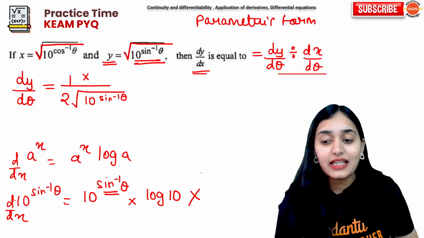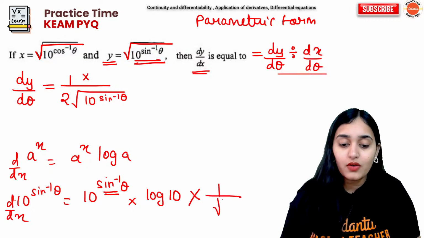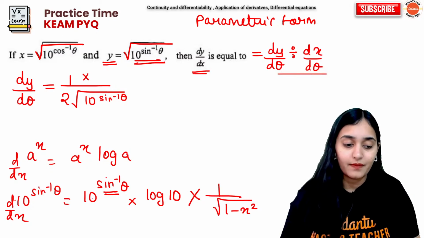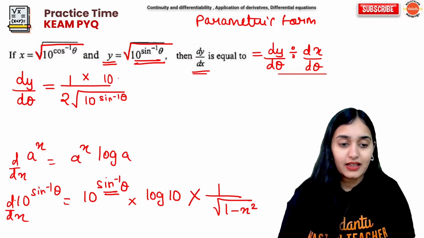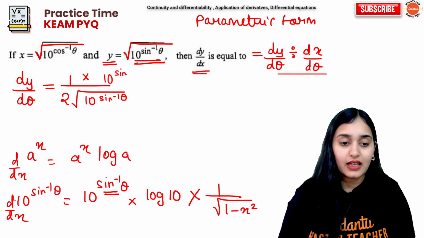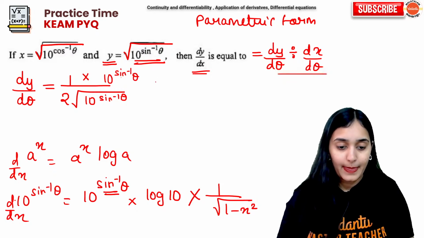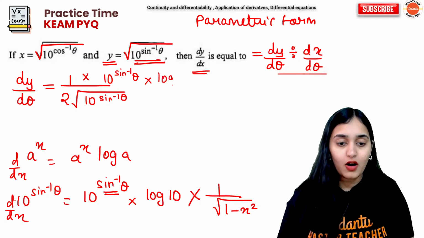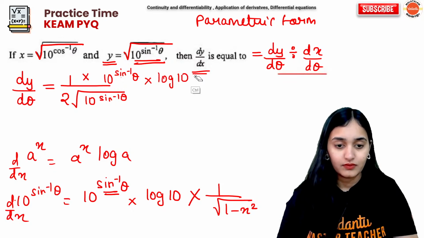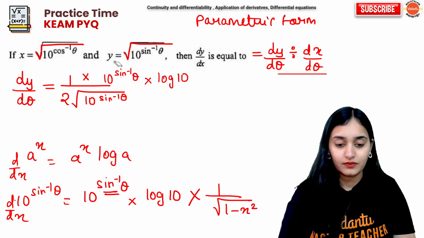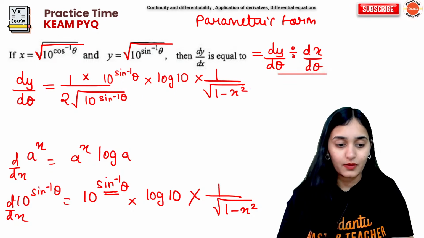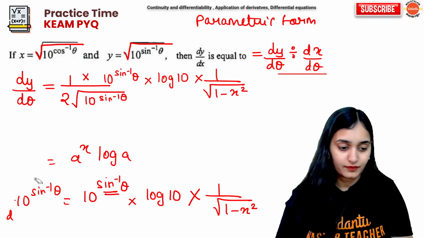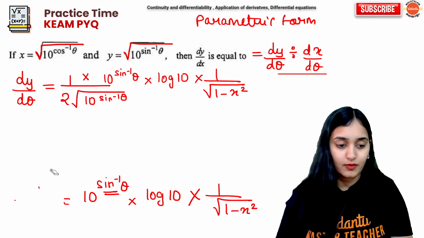What is sine inverse theta differentiation? 1 upon root over 1 minus x square. Okay, now put everything here, multiplied by 10 to the power sine inverse theta into log 10 into 1 upon root over 1 minus x square.